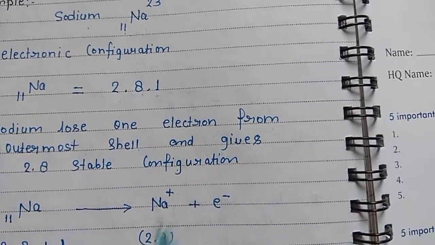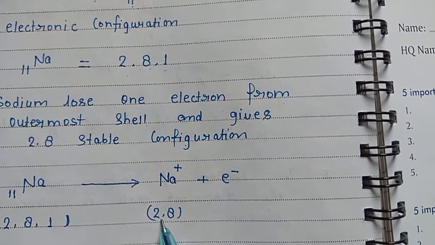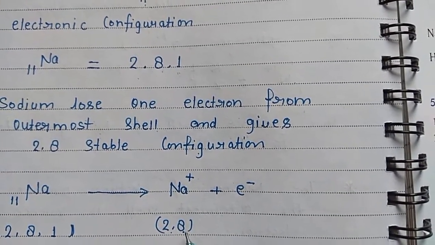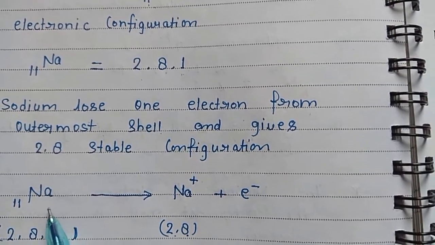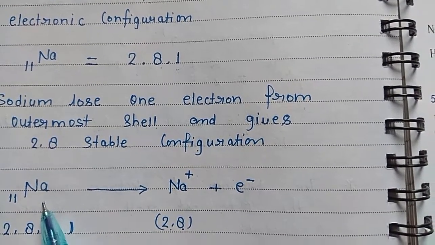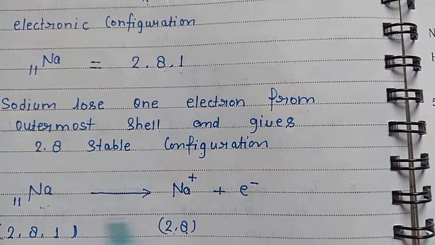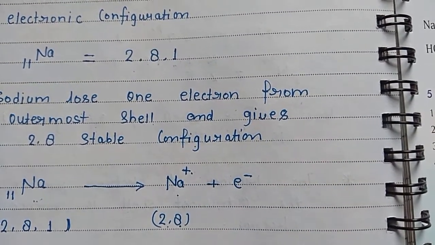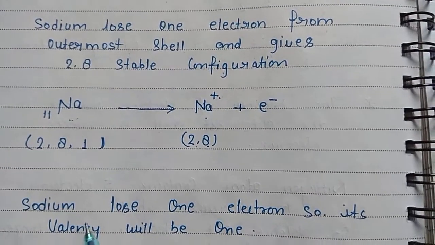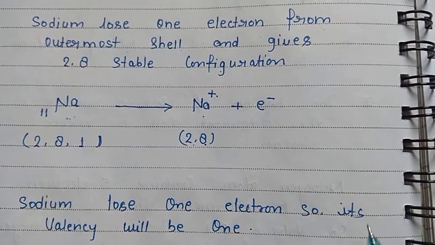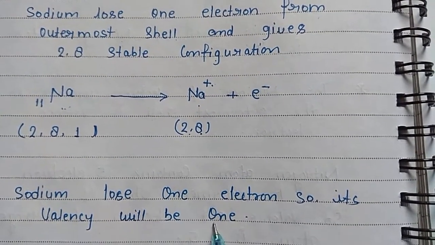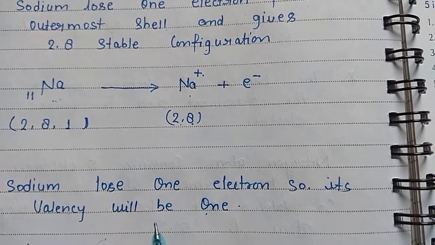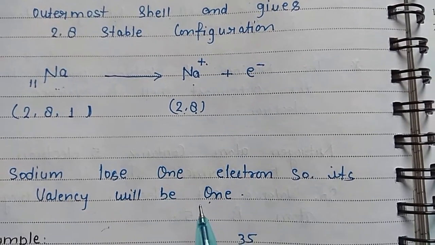Then its electronic configuration becomes 2, 8, which is a stable electronic configuration. After losing 1 electron, sodium atom forms Na plus ion. Sodium loses 1 electron, so its valency is 1, and you will also write the valency of sodium as plus 1.